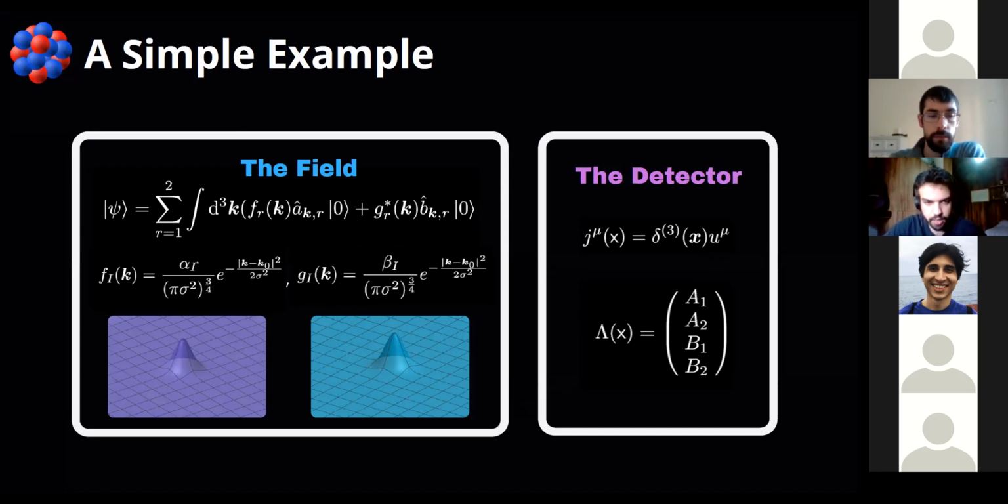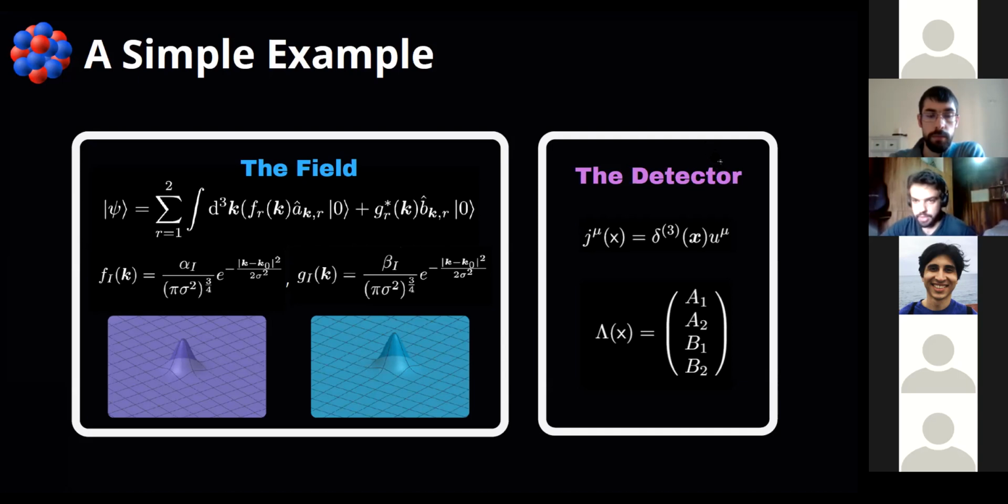Now I have to pick 4 scalars to choose the effective probability of having a particle with polarization 1, a particle with polarization 2, an antiparticle with polarization 1, and an antiparticle with polarization 2, right? So these are the 4 numbers, alpha 1, alpha 2, beta 1, beta 2, okay? They will show up later.